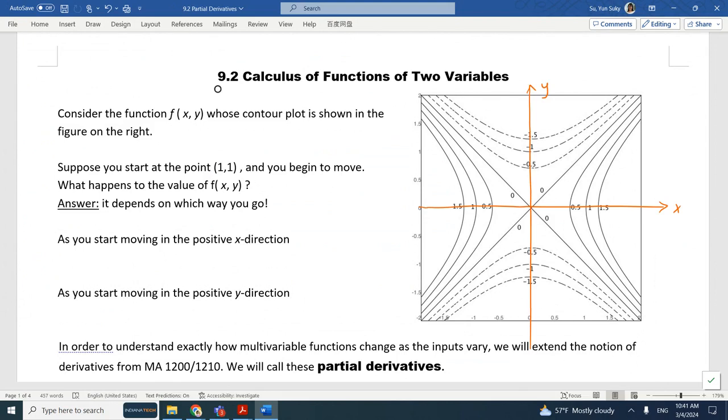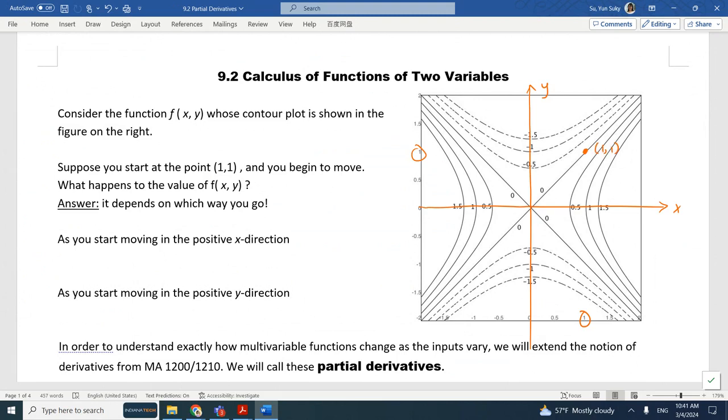Your X is 1 and your Y is 1. Do you see this point here? This point is (1, 1). See, X is 1 and Y is 1. That's a dash, not a negative one. All right, so that's the point (1, 1).